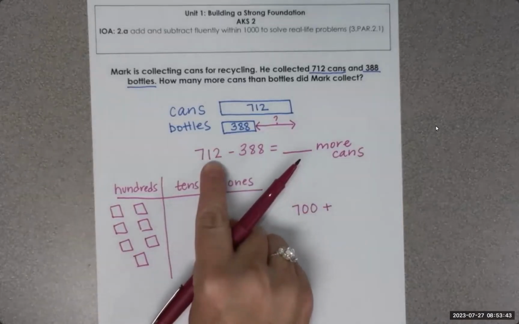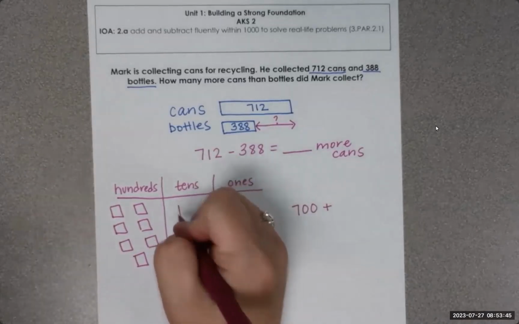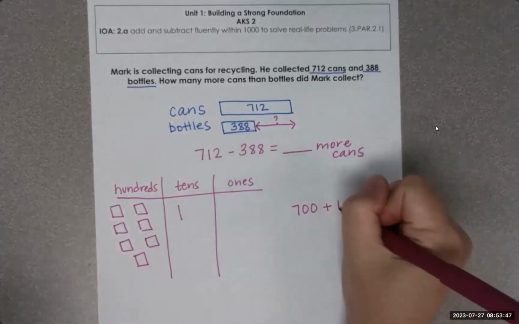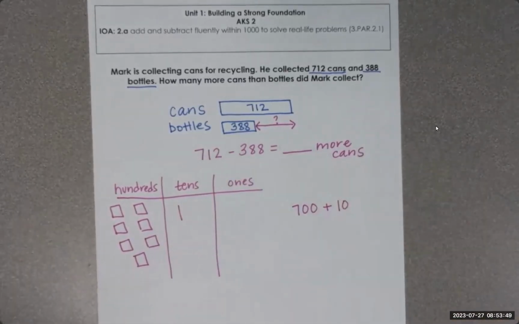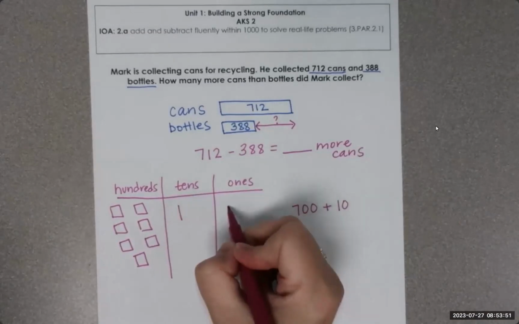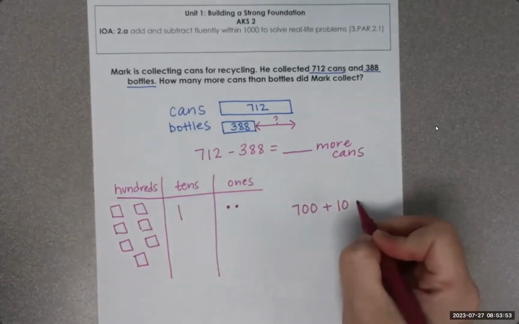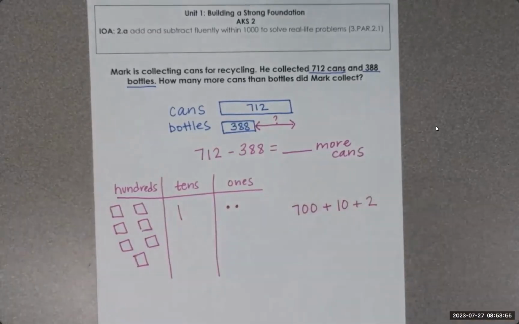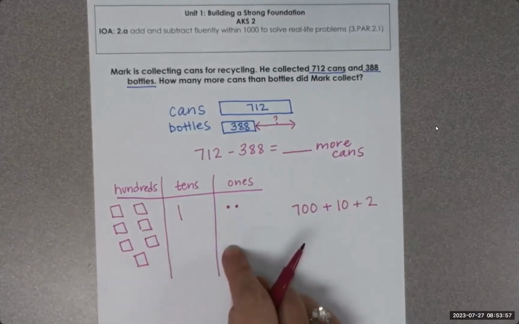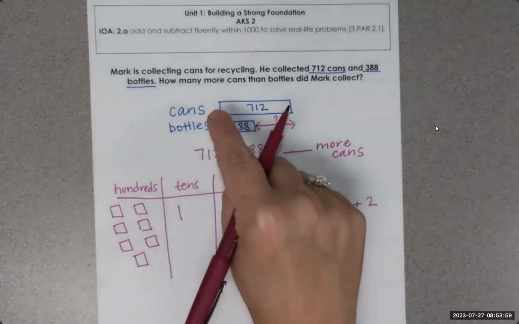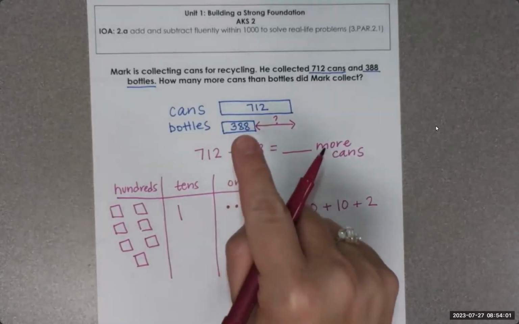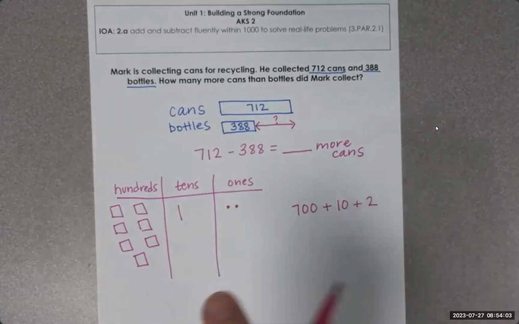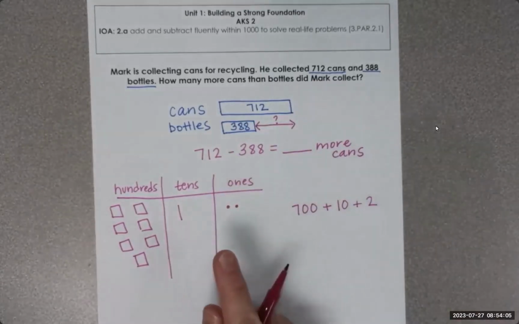I know I have 1 ten. So my value is just 10. And finally, I have 2 ones. So I have represented 712, which represents the total number of cans, and I'm trying to figure out how many more bottles or how many more cans than bottles Mark has. So I'm subtracting to figure that out.